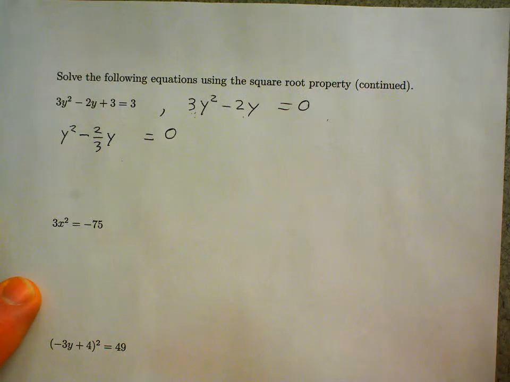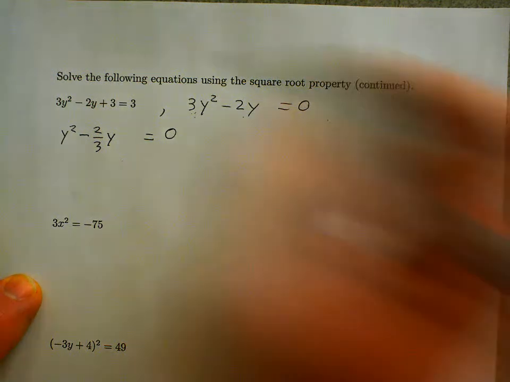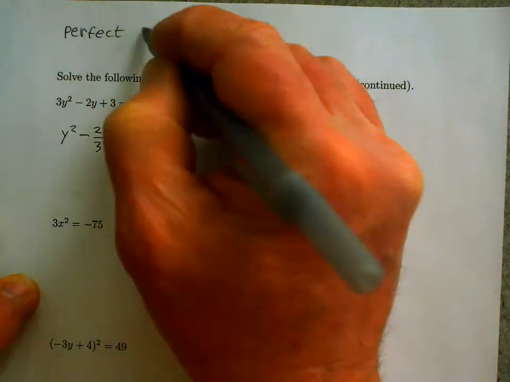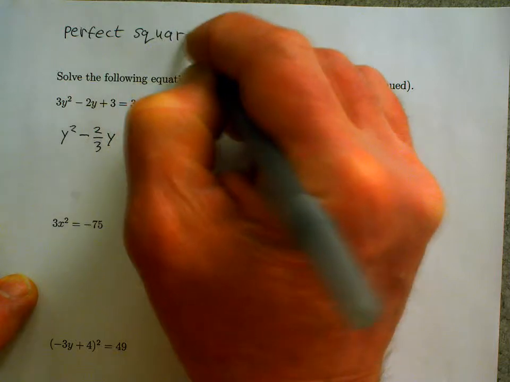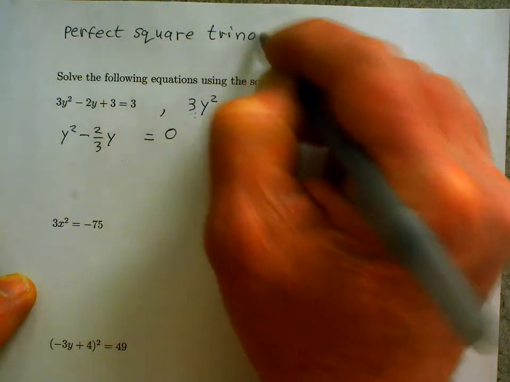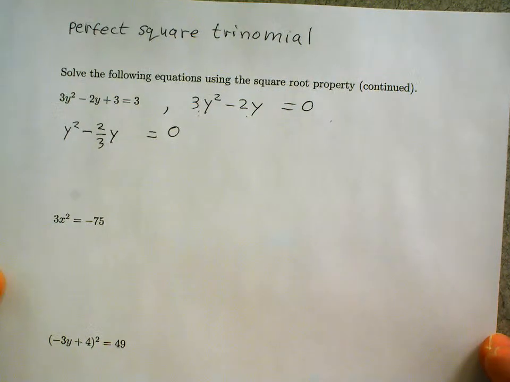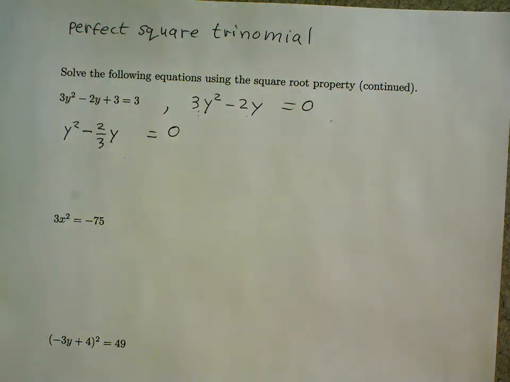The term perfect square trinomial has come up before. Do you remember what a perfect square trinomial is? One way to think about it is that the result of squaring a binomial is a perfect square trinomial.